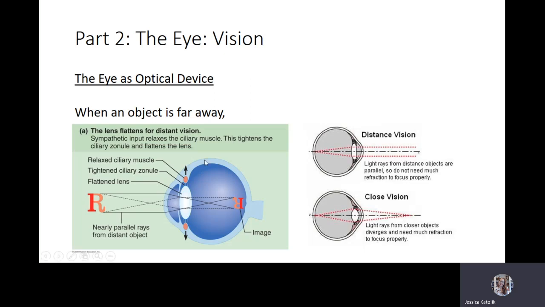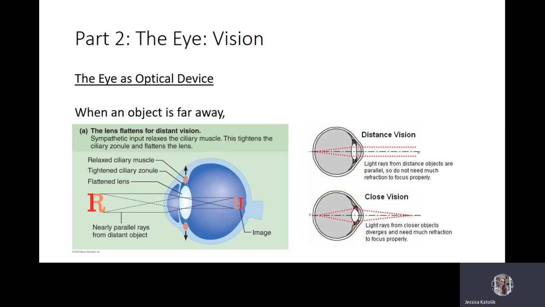Okay. So if we are looking at an object that is far away, light will be reflected off of the object. And if it's far away, many of the rays of light are going to be parallel to each other. We'll see that this is different when we look at objects that are nearby.